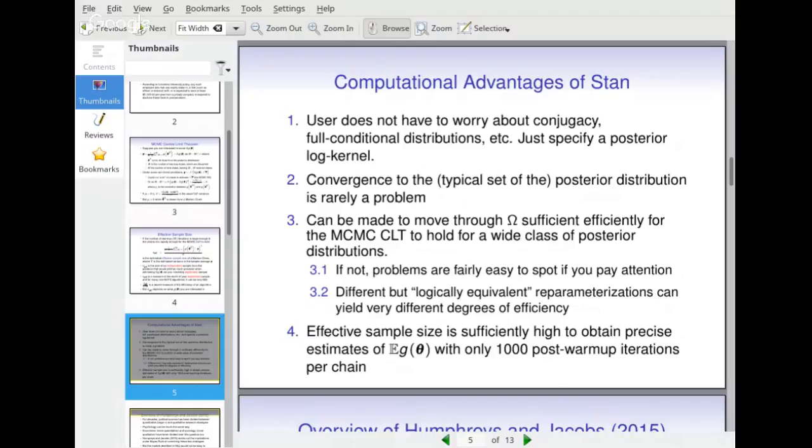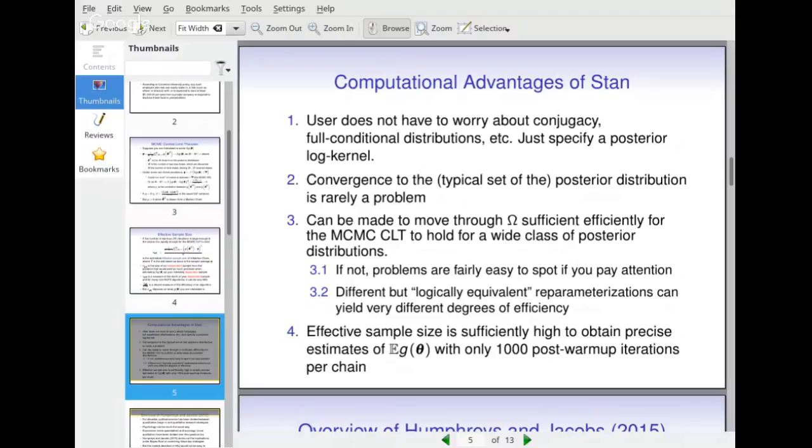Also, the effective sample size, assuming that we get this well enough for the central limit theorem to hold, tends to be pretty high. High enough to obtain precise estimates of the thing that you're trying to estimate, even with only like 1,000 draws after the warm-up period per chain. So we do like 8 chains.